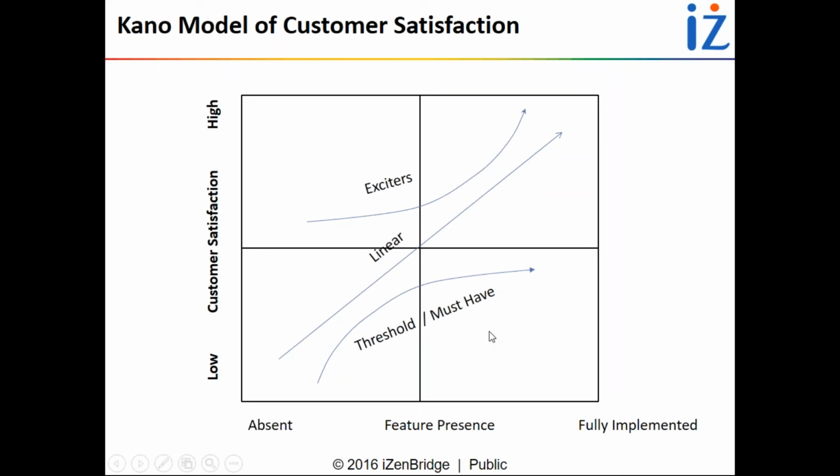So must-have requirements are critical, but because these requirements are expected implicitly, their absence creates great dissatisfaction, but their presence will not create a great level of satisfaction. And exciters, even their partial implementation, will create a good level of satisfaction. For linear requirements, the more requirements you implement, the customer satisfaction will increase linearly.